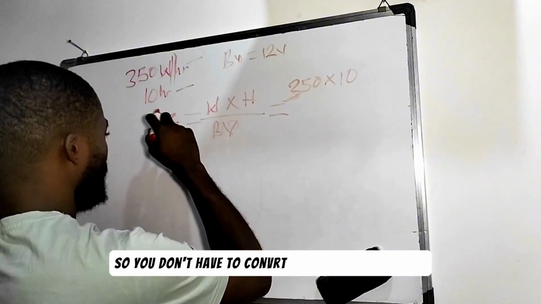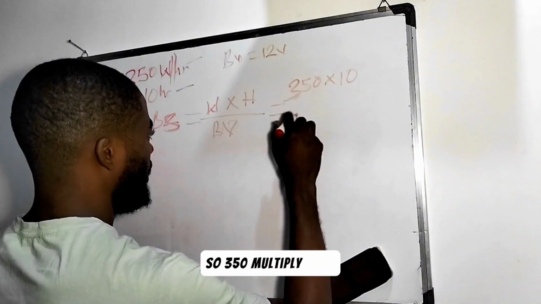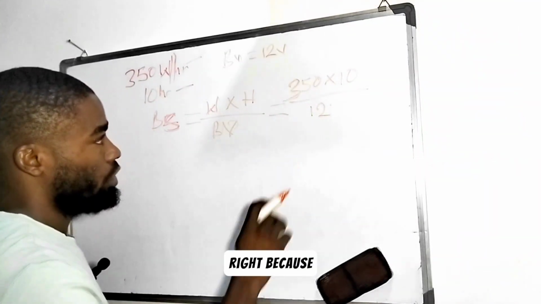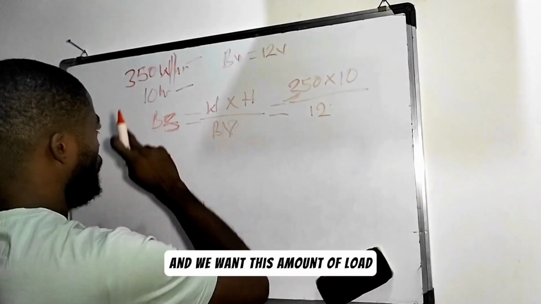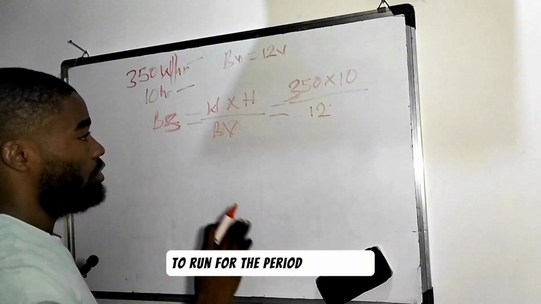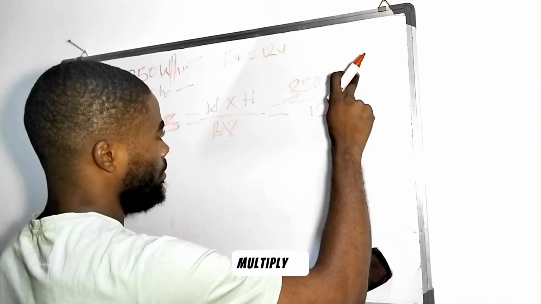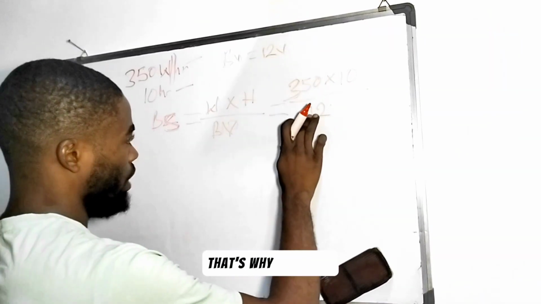So you don't have to convert the hour into minutes. You just do your multiplication directly: 350 multiplied by 10 divided by 12. The H represents the hour, and we want this load to run for 10 hours. The battery volt is 12 volt. That's why 12 is here.